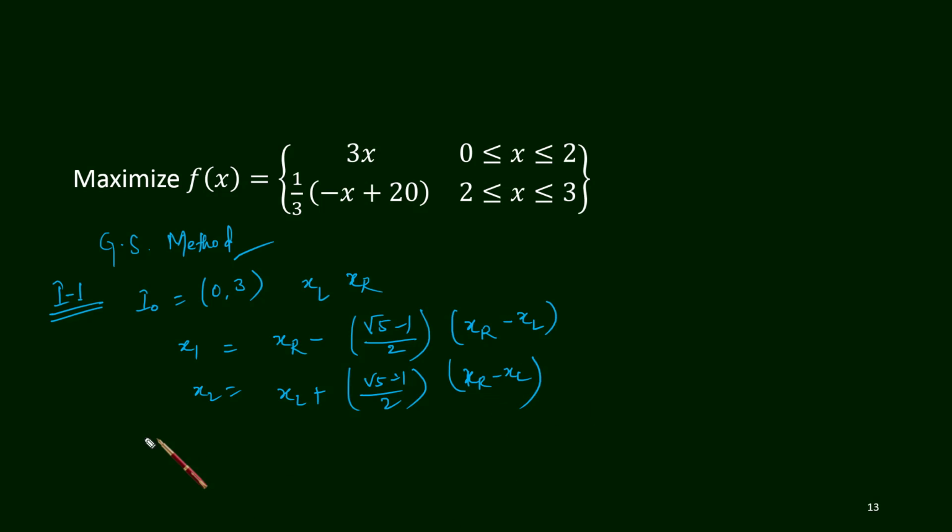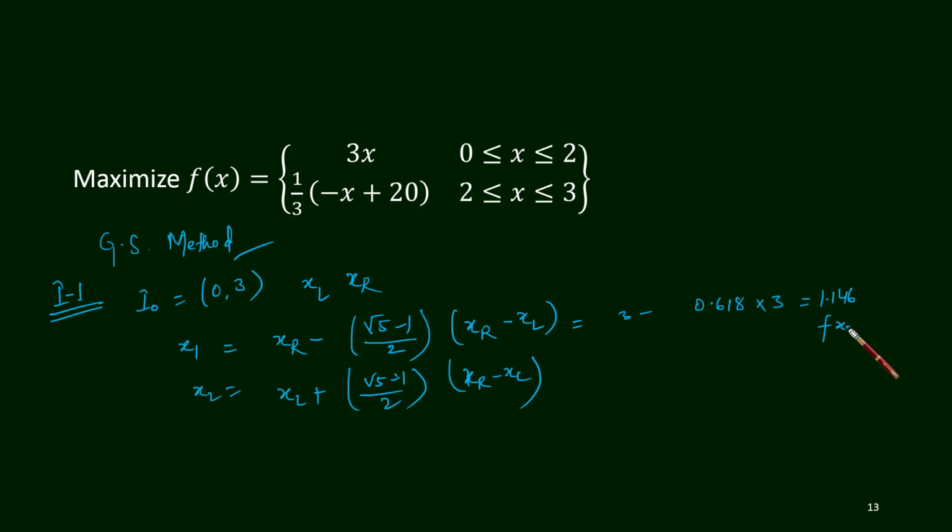Okay, put the values here. xr is 3 minus 0.618 into 3. How much is this? This is around 1.146.